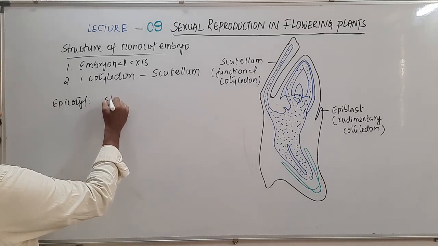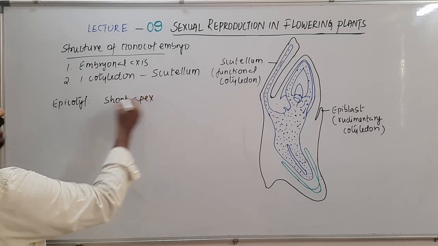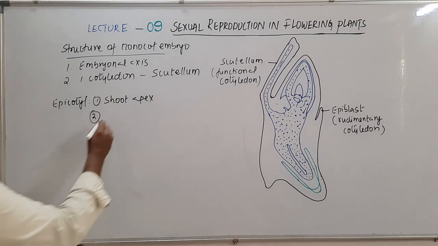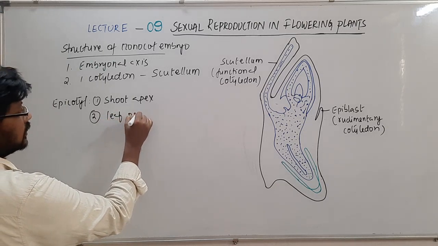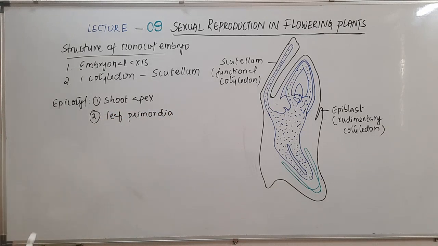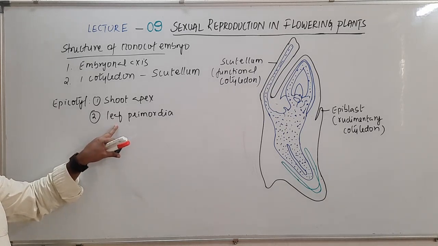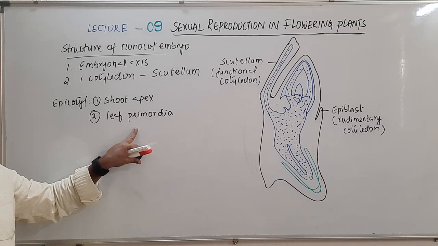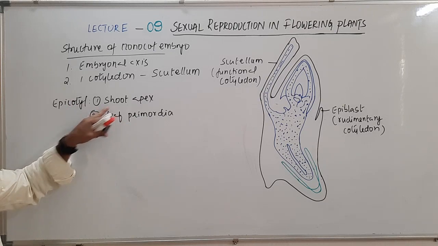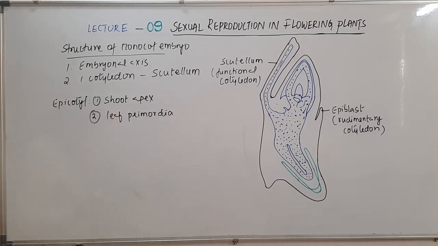So it consists of one shoot apex, and this also consists of the leaf primordia, right? Leaf primordium means this is a part which is going to develop into a leaf, of course, after the process of germination. So here the leaf primordia are the primitive structures which are going to develop into the leaf. So this epicotyl consists of what we call the shoot apex.